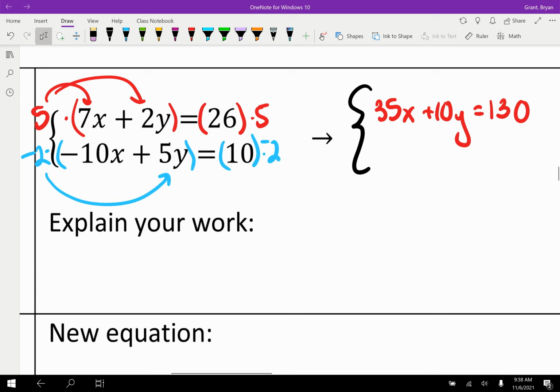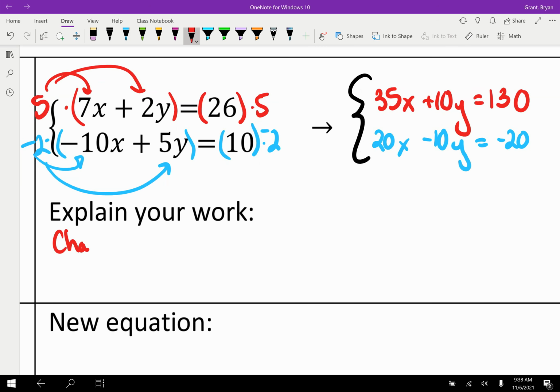This will give me negative 2 times negative 10x is positive 20x. Negative 2 times positive 5 is negative 10y. Negative 2 times 10 is negative 20. And now we have the x's, the y's, and the equals lined up, and our y's will cancel. So let's explain our work.